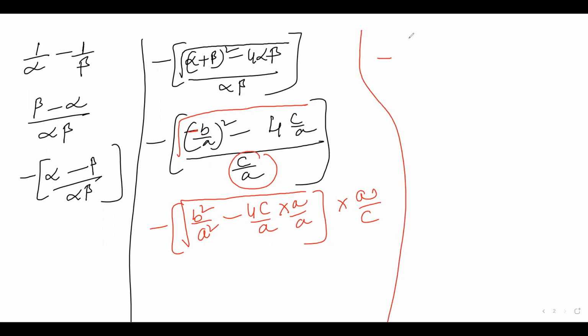So a into a square, a square. LCM is a square. B square minus 4ac. Roots can be separated for both numerator and denominator.